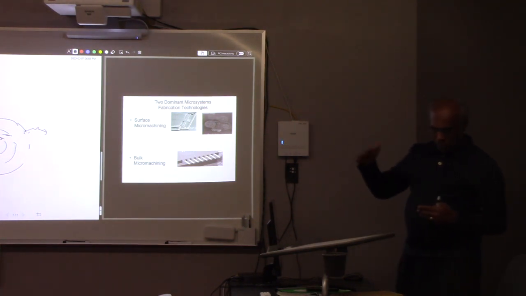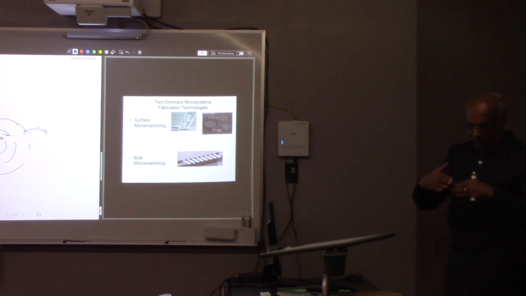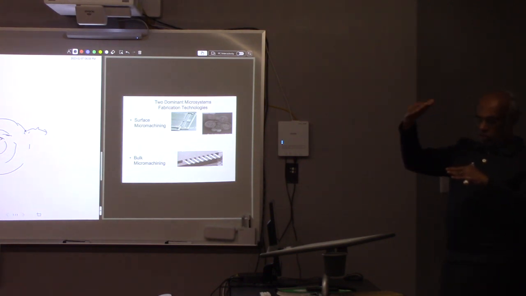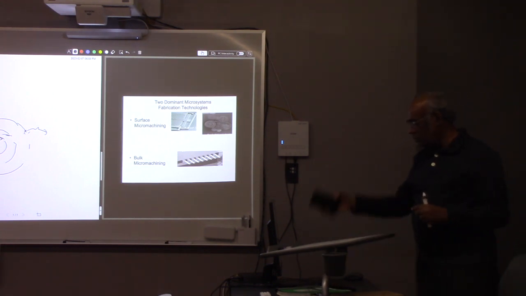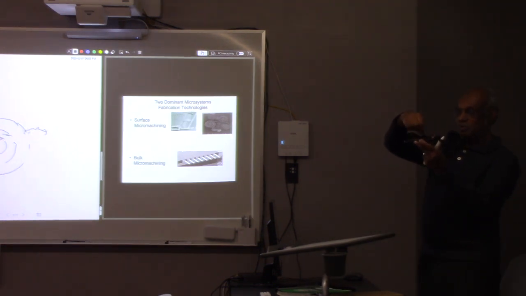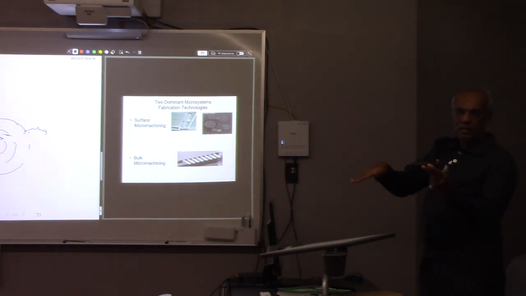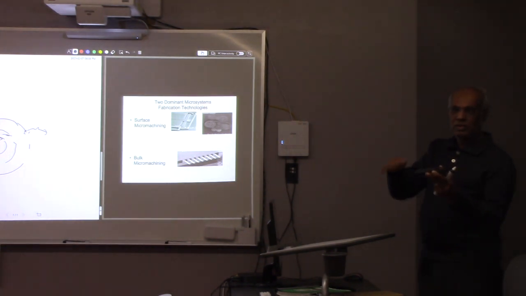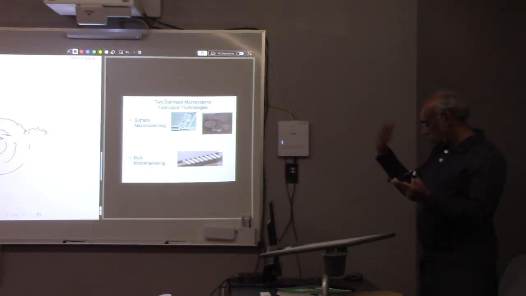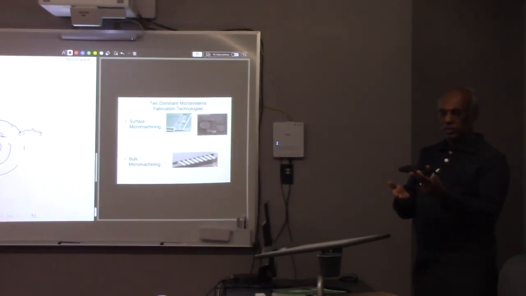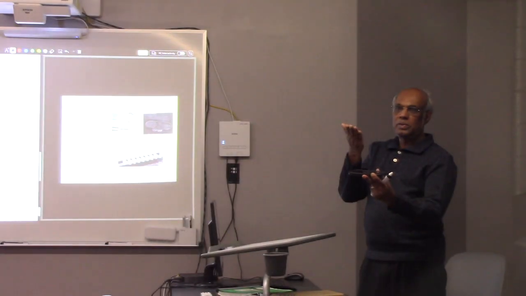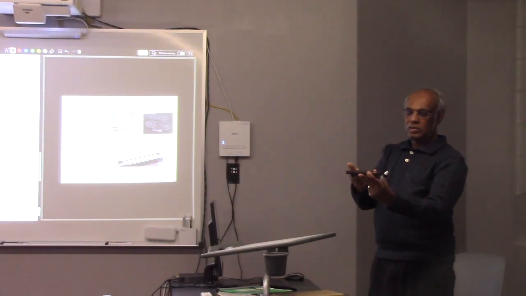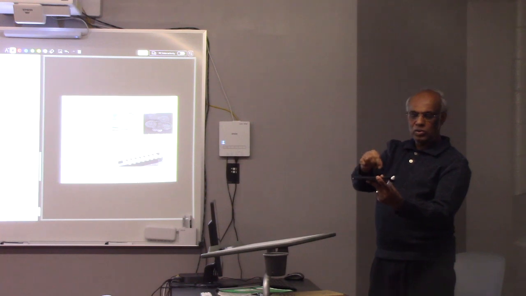Typically, microfabrication is called a top-down approach. That means you start with a wafer, then you etch and things like that, and go down to make your structure, starting from the top and going down. With nanotechnology, we go bottom up: you start with some substrate and grow nanostructures.